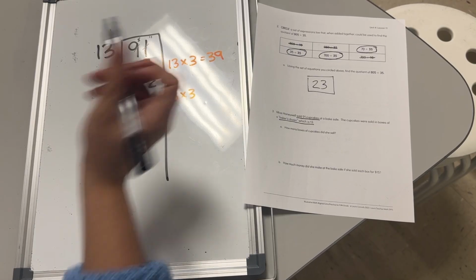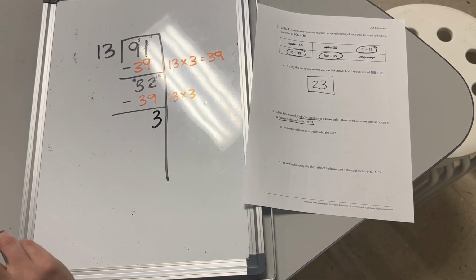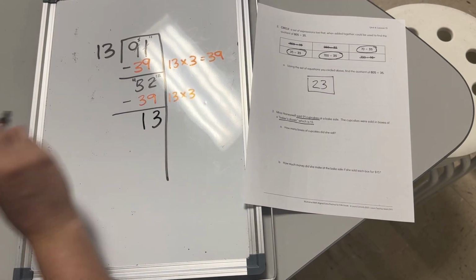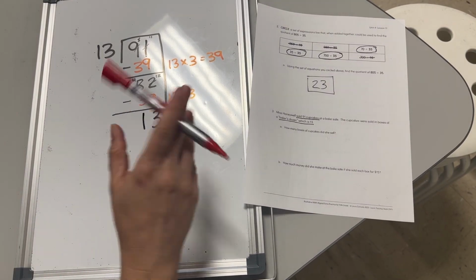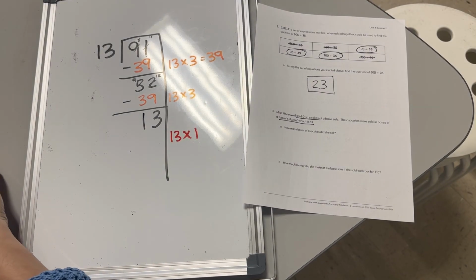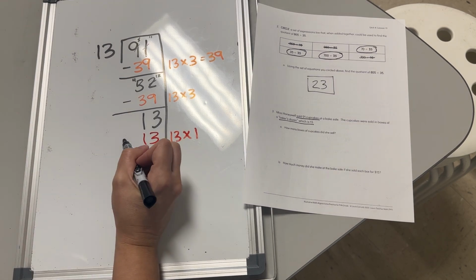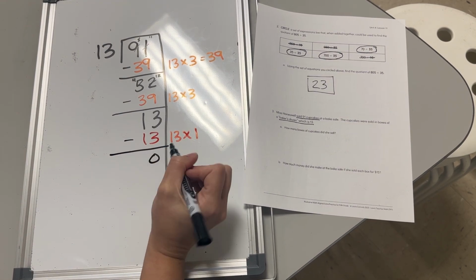I have to do a little bit of regrouping there, but not anything too terrible. I get 13. That means I only have one more group of 13 here, so 13 times 1 gives me 13, and I'll go ahead and subtract to 0.